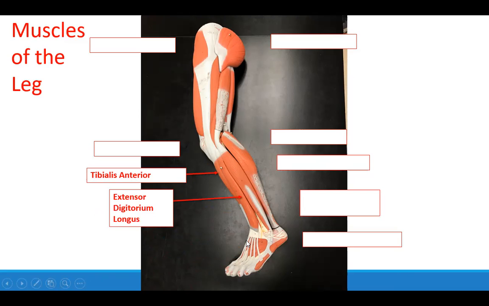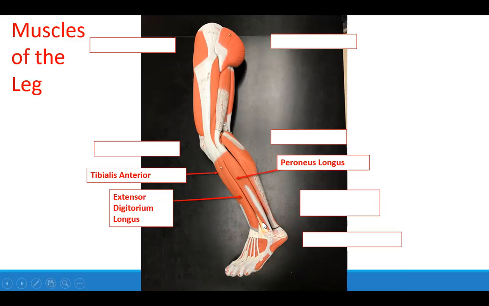This long muscle down here allows us to spread our toes when we step. When we walk, we're not aware of it, but our toes tend to splay out to give us better stability. That's what the extensor digitorum longus does for us.